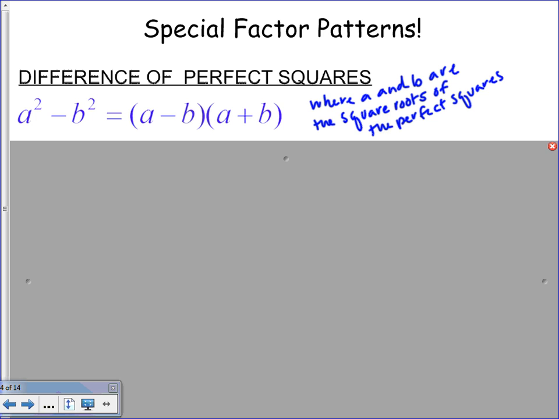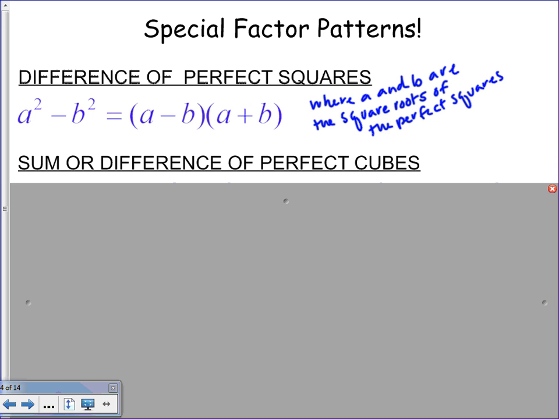Now, the two new ones that you're responsible for will be the sum or difference of perfect cubes. Okay? Unlike the perfect squares, we can factor both operations with perfect cubes. Okay, so if we have a sum of perfect cubes, it's factorable. If we have a difference of perfect cubes, it's also factorable.